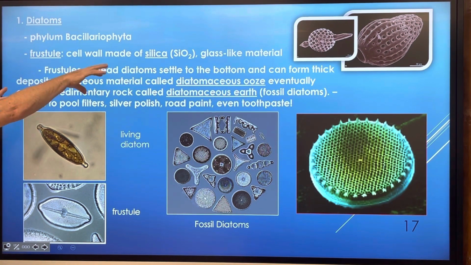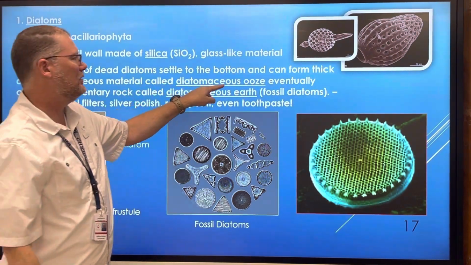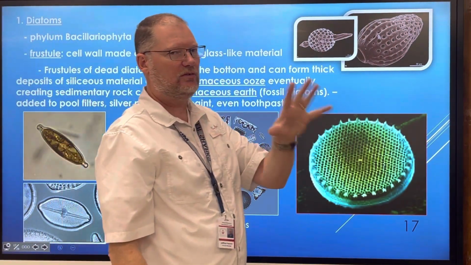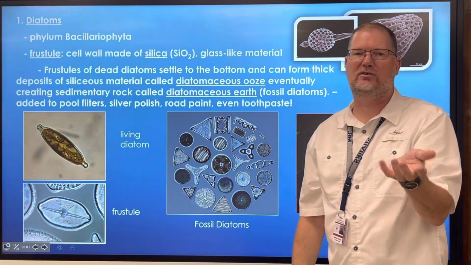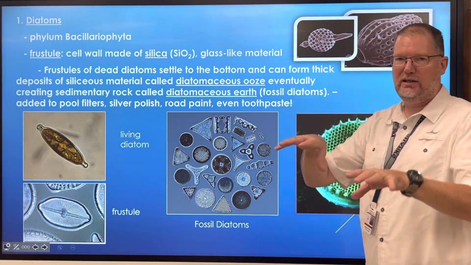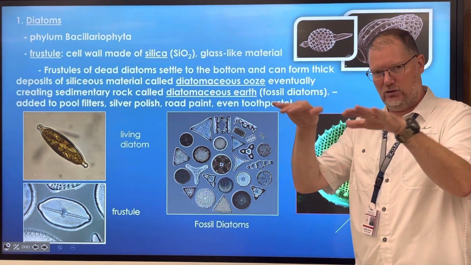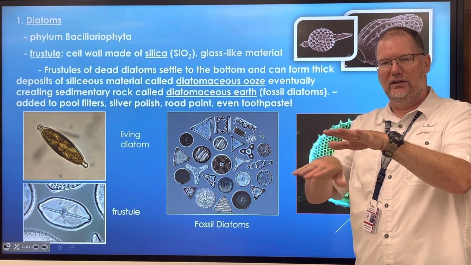And it settles to the bottom and forms these thick deposits called diatomaceous ooze. Look, if you picked it up, it would be like snot, okay, but not quite snotty. It would kind of fall apart. And then eventually, sedimentation, pressure, and layers, right?